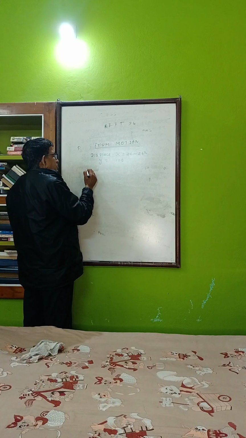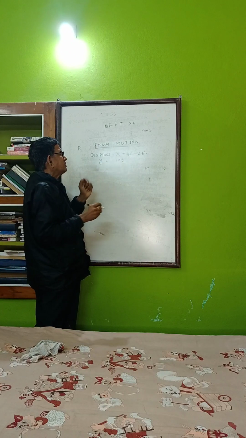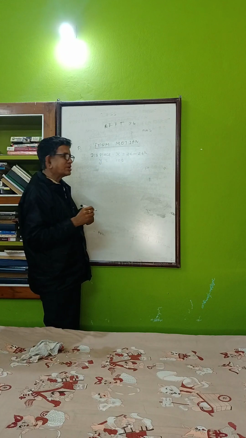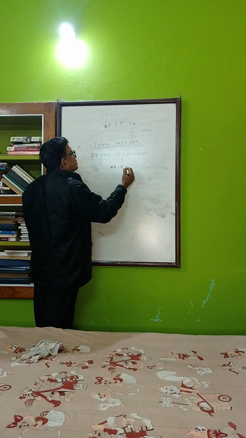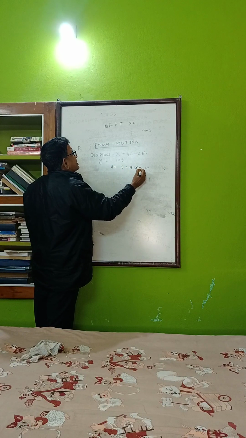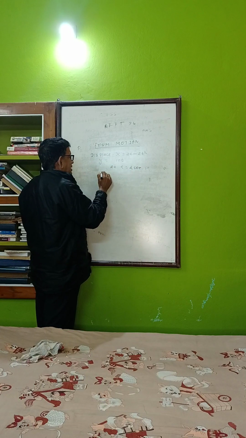So if you take the second derivative of x with respect to time, we get acceleration along the direction of x. So at t equal to 2 second, displacement given, y given, we will calculate acceleration.